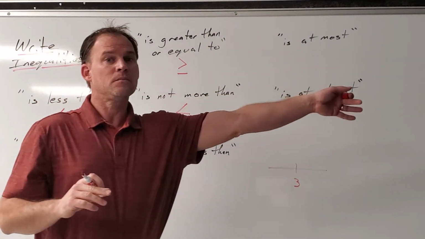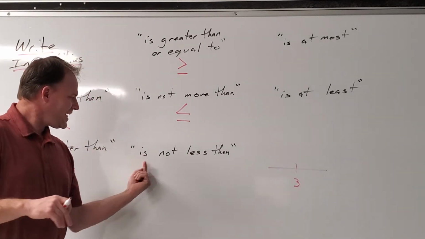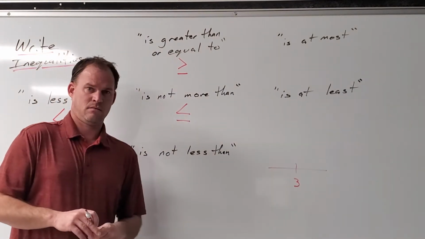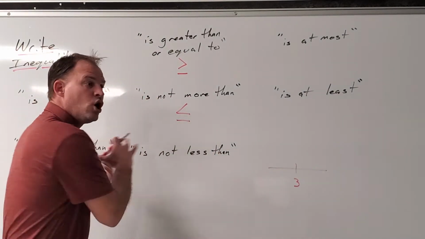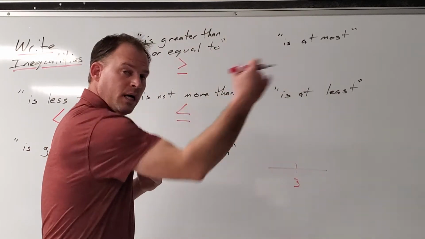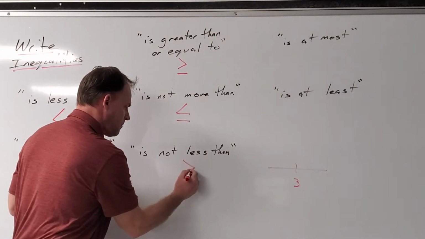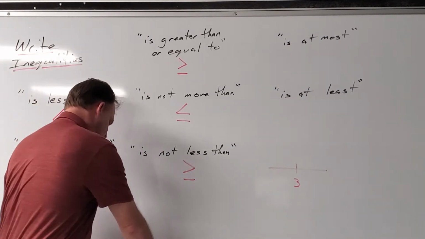Because it's not more, could be less, could be equal. By the same token, is not less than. So again, we're talking about comparisons. It's not less. What else could it be? It could be more, it could be equal. So there you go.